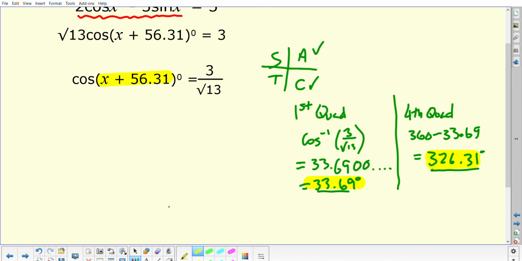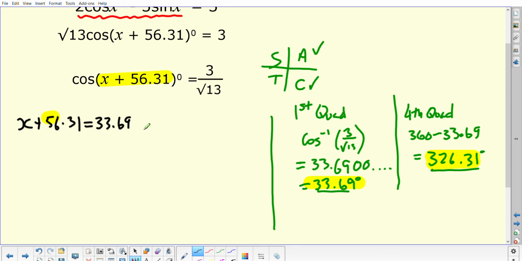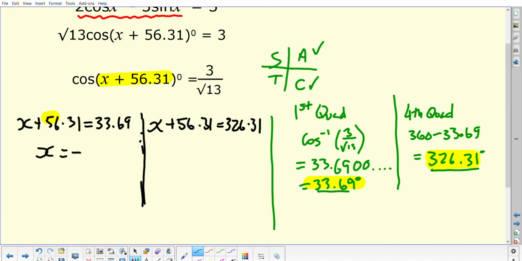So what that sets you up with is that allows you to then form your 2 equations, so you can write down x plus 56.31 would be equal to, in the first instance, 33.69, and the second one would be your x plus 56.31 equal to 326.31. Now this left hand one here, if you solve that, you do end up with a negative value when you subtract the 56.31. So we get negative 22.62.